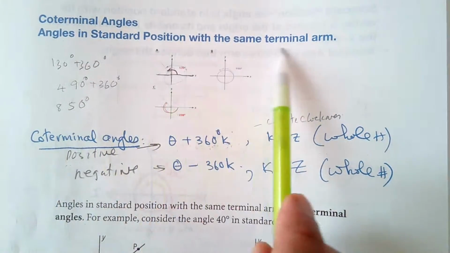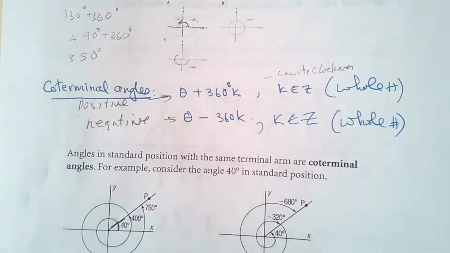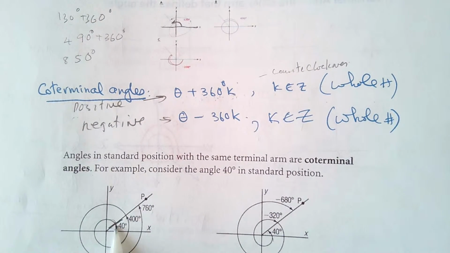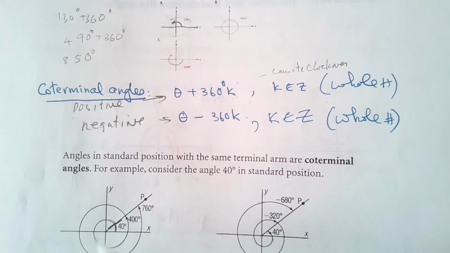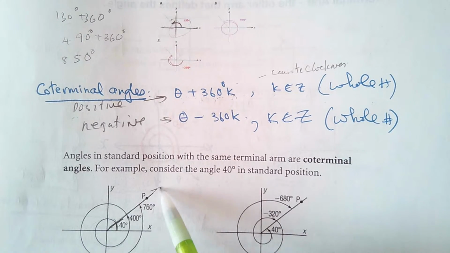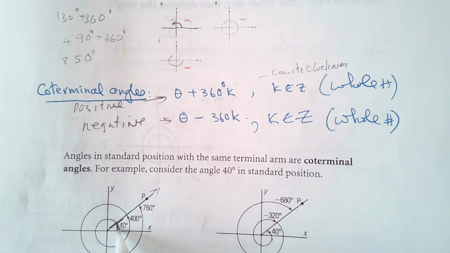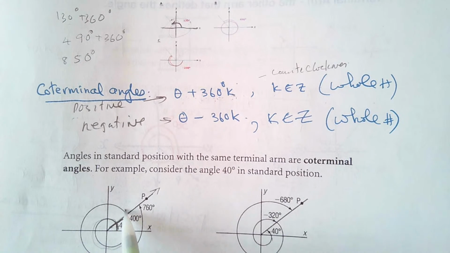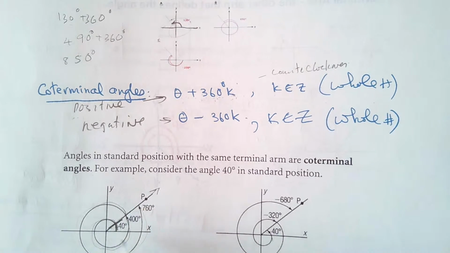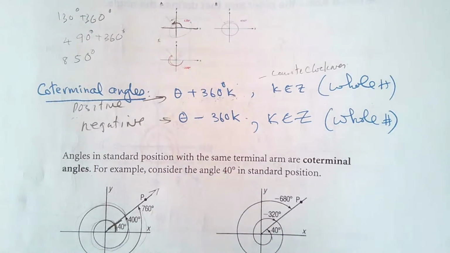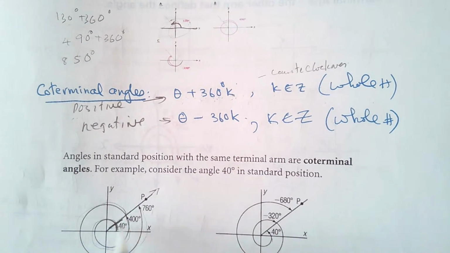Here is an example. We have one that goes around. Here is your terminal arm. The standard position angle is 40 degrees, but the coterminal angles would be 400, 760. So you add 360 degrees to your standard angle.